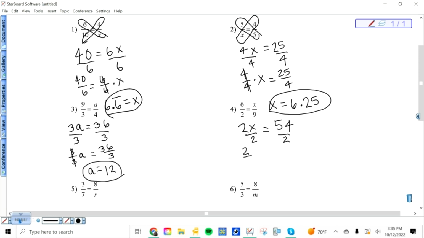So I get 2 over 2x equals 54 over 2. What's 2 over 2? 1. So x equals 54 divided by 2. Excellent. Right? Any questions? Feel okay on those?